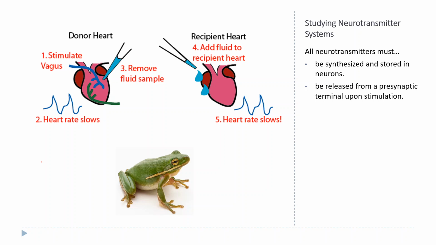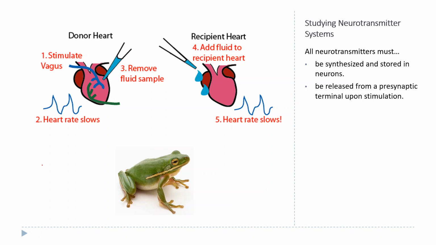But in the brain, this is harder to do. Neurons are small, and they only release a tiny amount of neurotransmitter, so it's hard mechanically to isolate the fluid from a single synapse, and especially to isolate it from other molecules that may be present in the extracellular fluid.